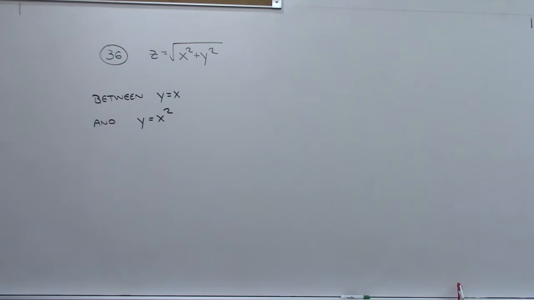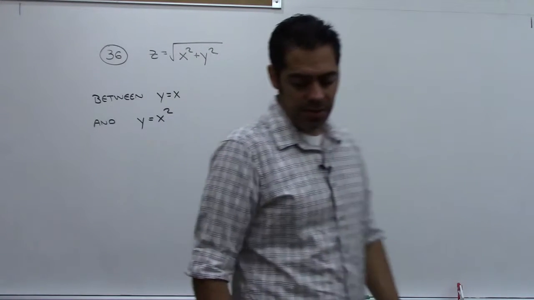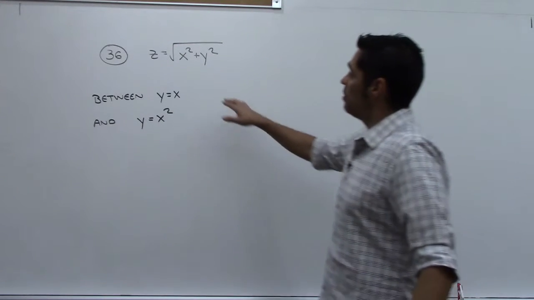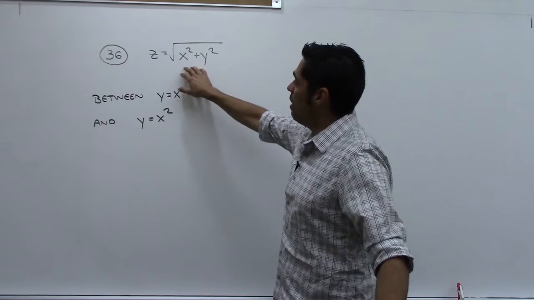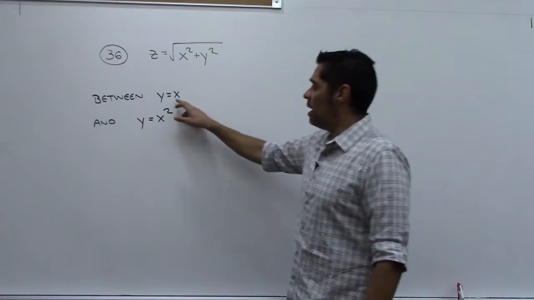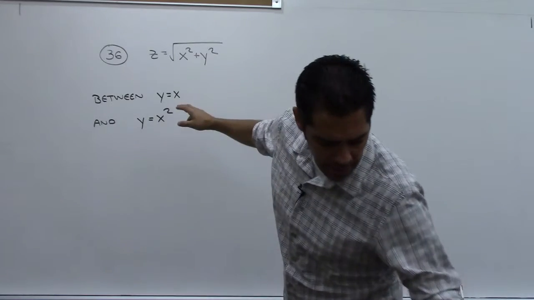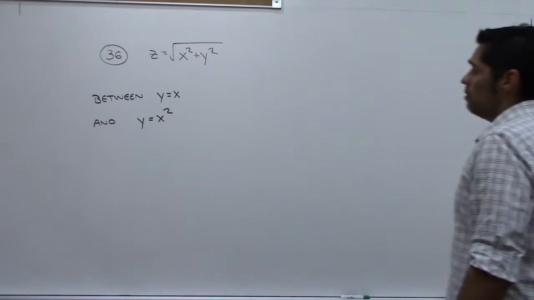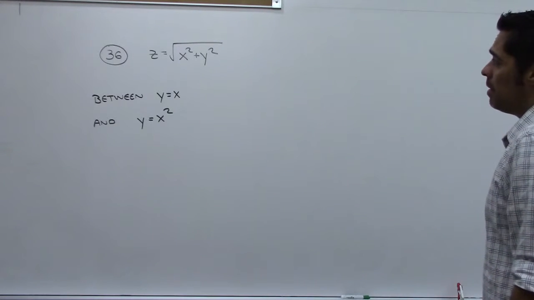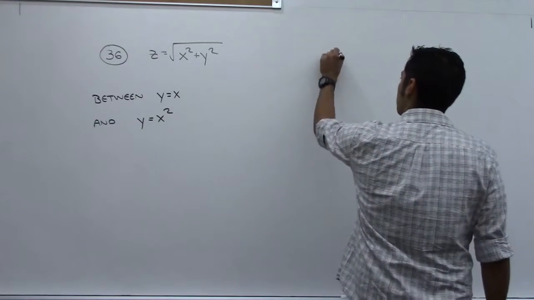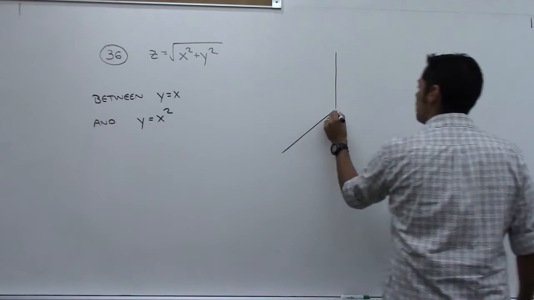Okay, I'm picking up here, still working in 13.6, trying to find the area of the surface given by this equation in between this plane and this parabolic cylinder. So three-dimensionally what we have is a cone. Okay, so I'll see what I can do here to draw this three-dimensionally.